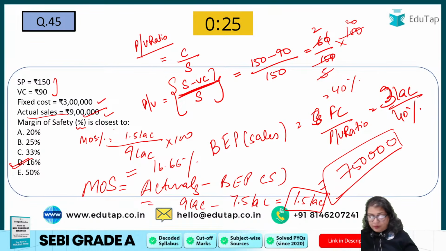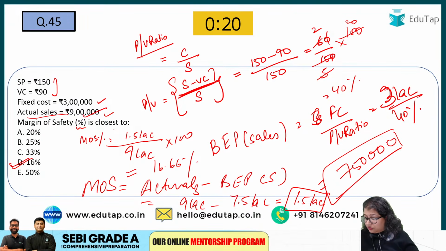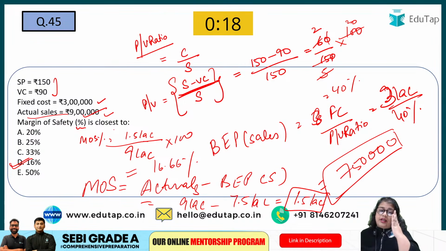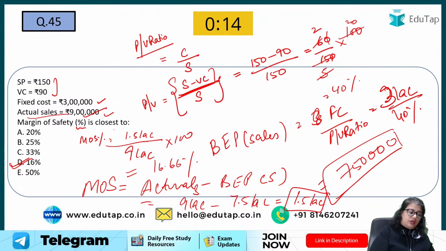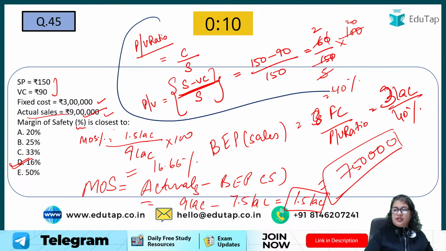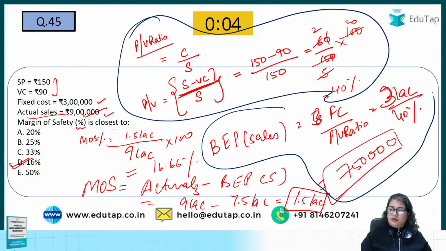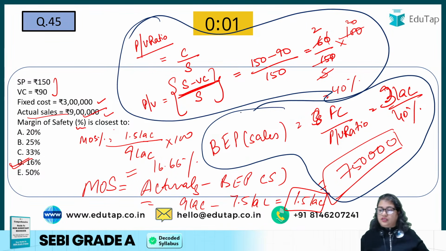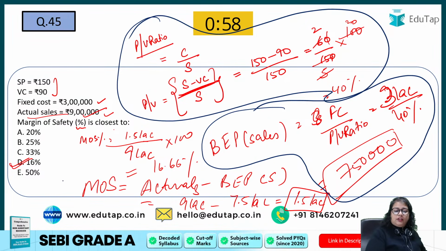Yes, everybody. Okay, someone said C also. You're wrong, but you have to calculate. See, in phase 2, I can expect these type of questions. Okay, that means in that case, you have to calculate so many things. First of all, you have to calculate the PV ratio, right? Then you will have to calculate the break-even sales, that is the fixed cost upon PV ratio, that is 3 lakh upon 40%, that is 7,50,000. Then you have to calculate the margin of safety.